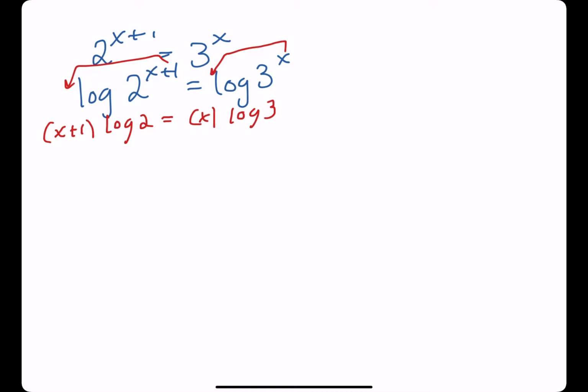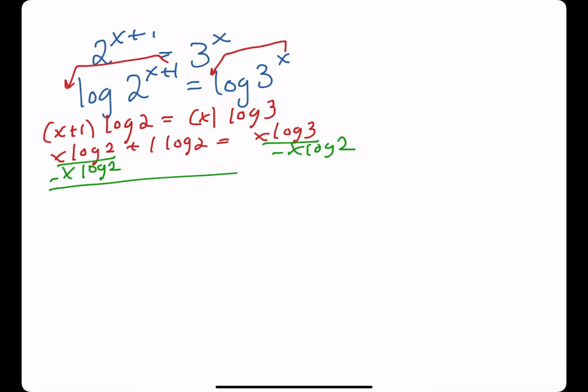So now I'm going to get rid of parentheses by using distributive property. And now I'm going to get my x terms on the same side of the equation. So that'll be gone.